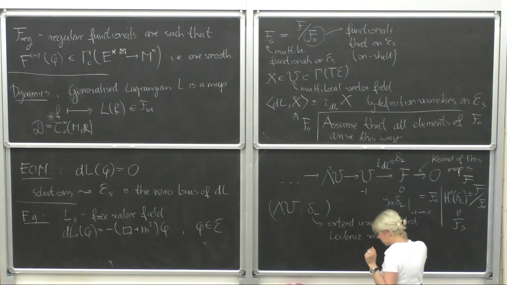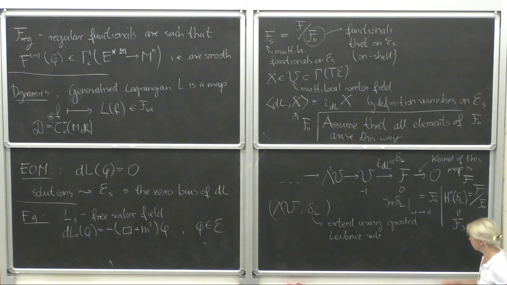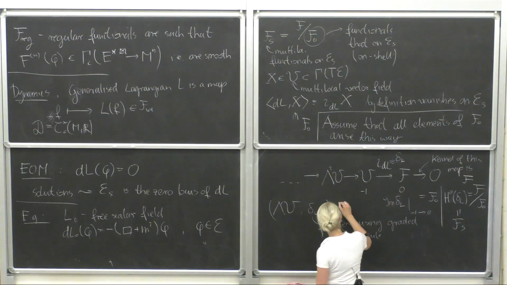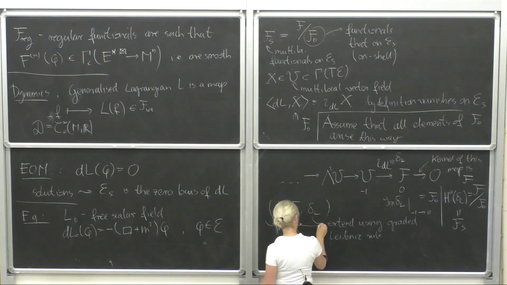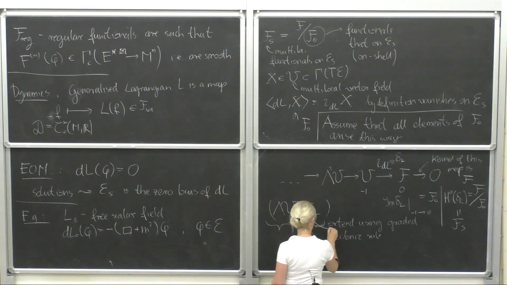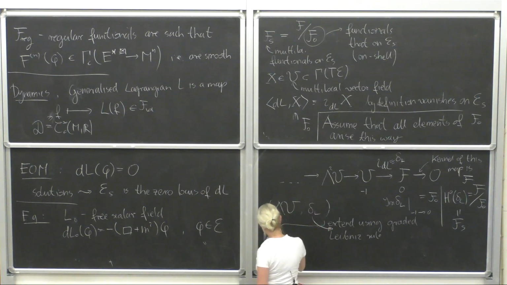Okay, so what we obtain this way is called the Koszul complex.